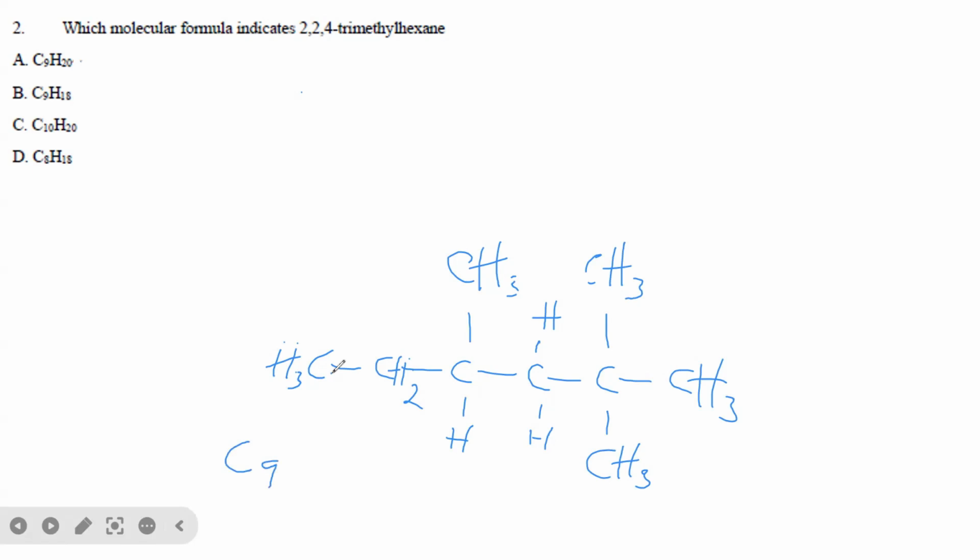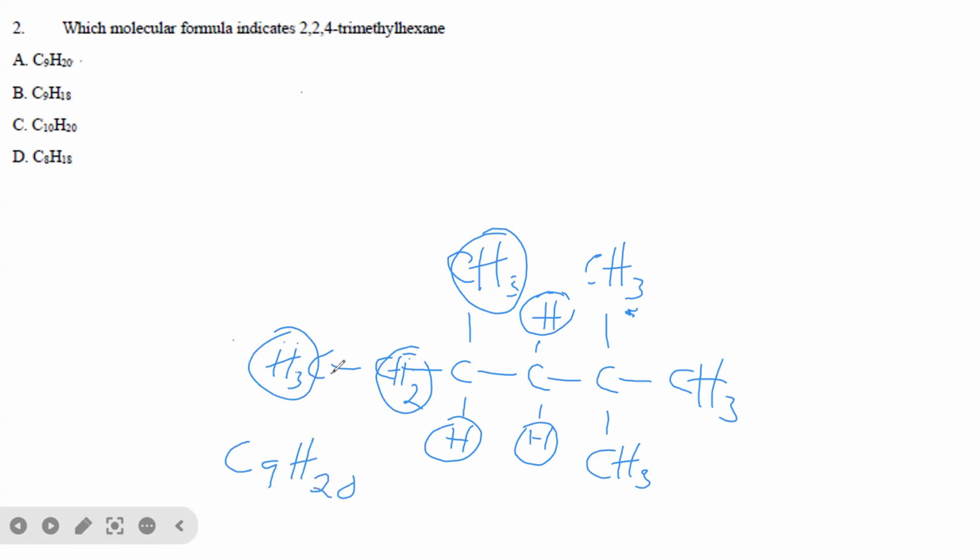We have 3 here plus 3 here, making 6, then plus this 3, making 9, plus this 2, 11, 12, then 15, 17, then we have 20. So it means that it's C9H20. So option A is the answer to this question.